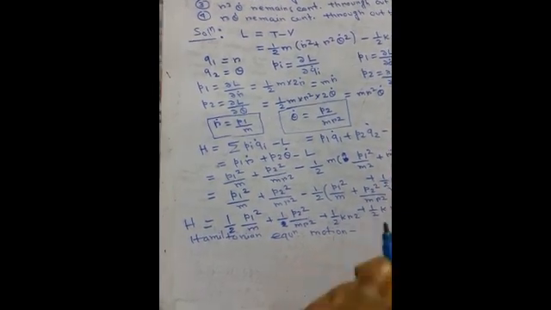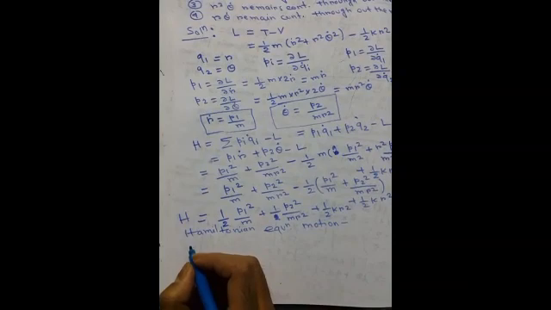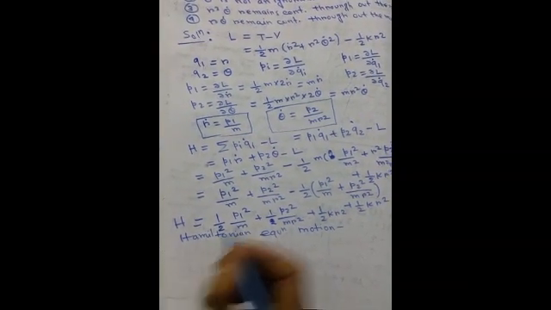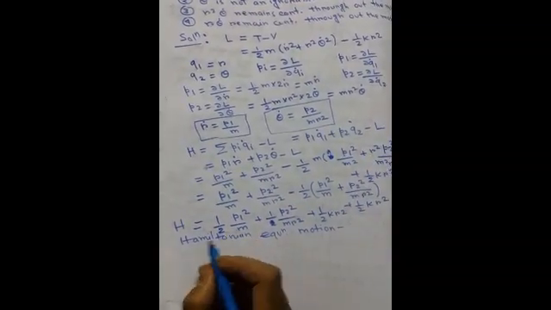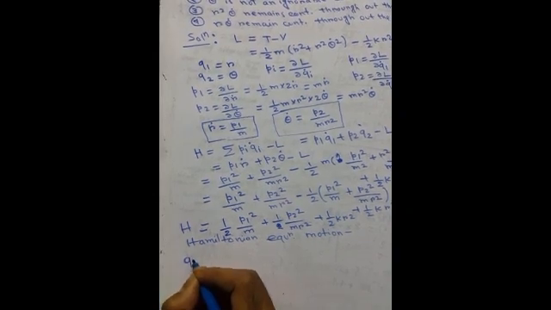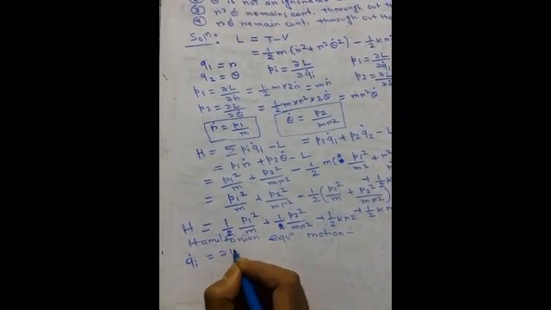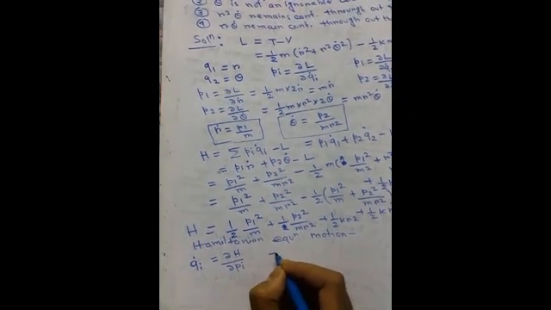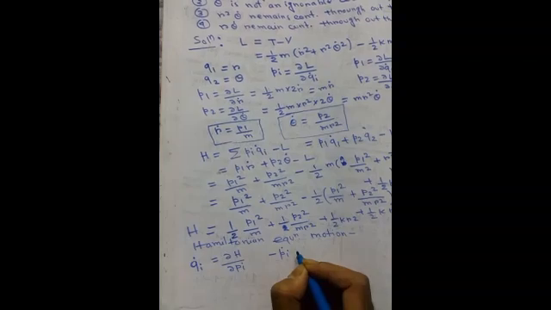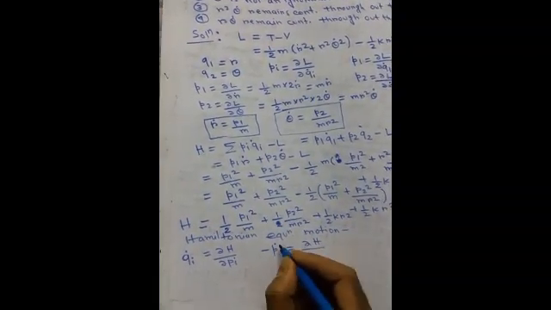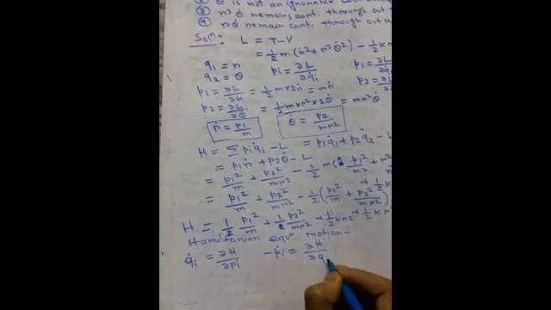What are the Hamiltonian equations of motion? q_i dot equals del H by del p_i and minus p_i dot equals del H by del q_i.